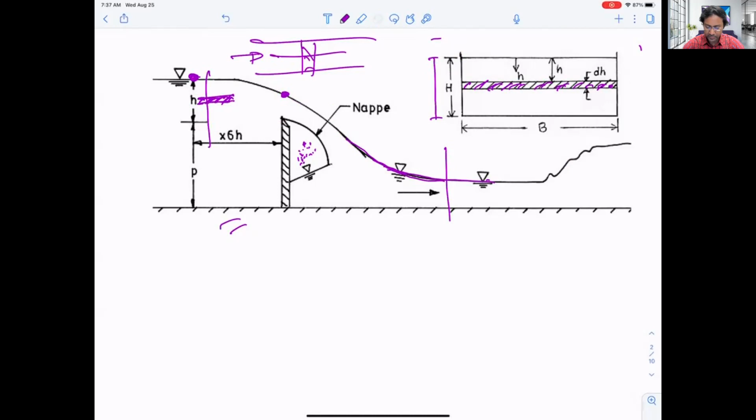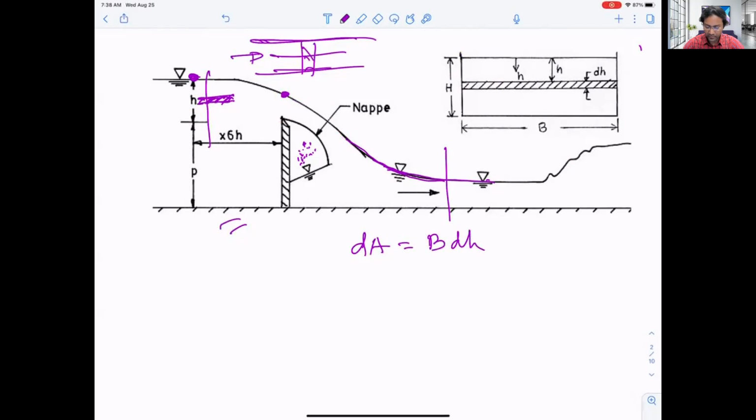So from this small strip, we can calculate dA. What will be dA? We know the width B is constant because the width of the river is not changing. However, the height of the strip is changing, it is dh, so that is dA.